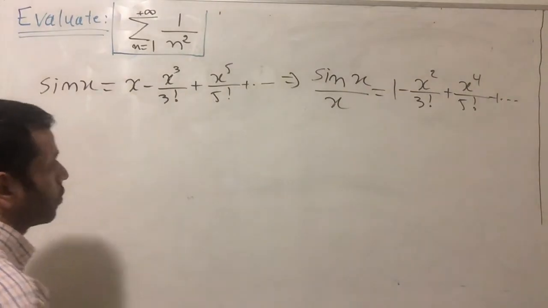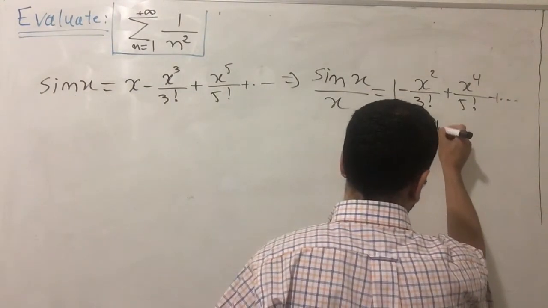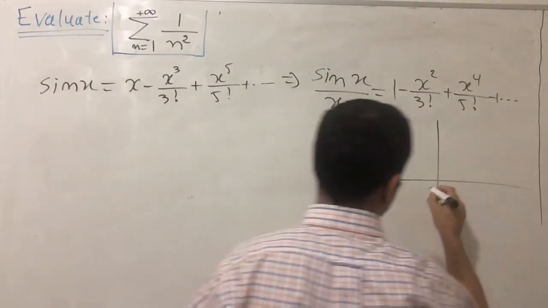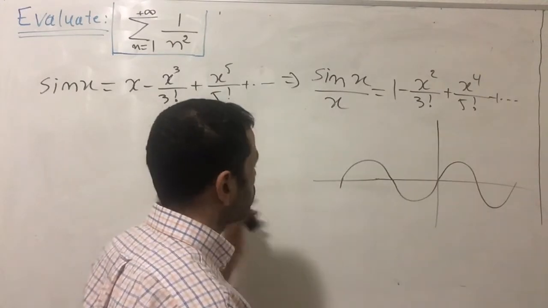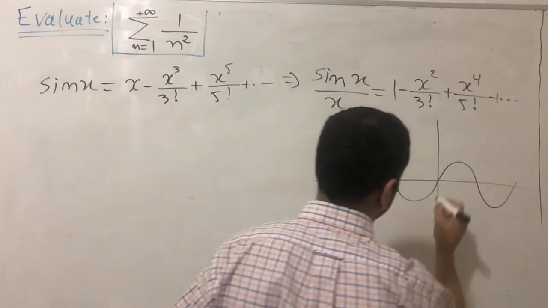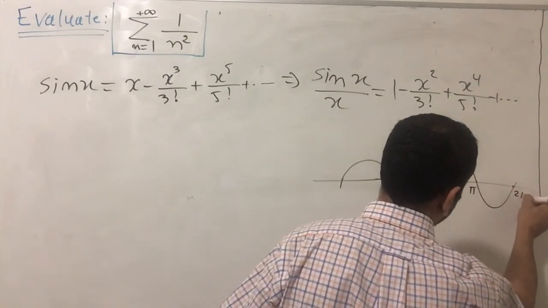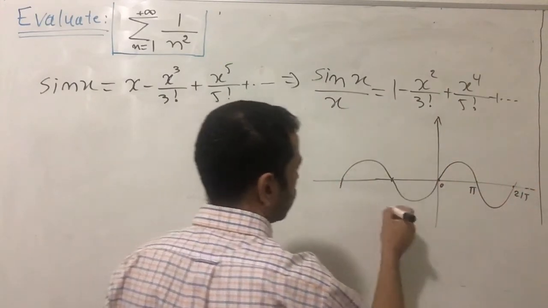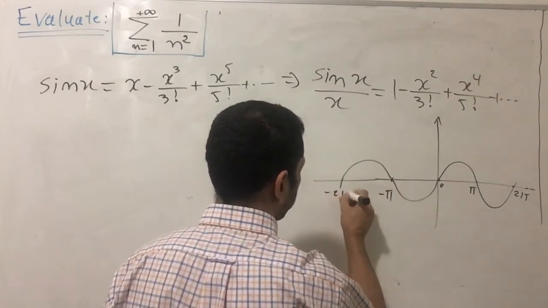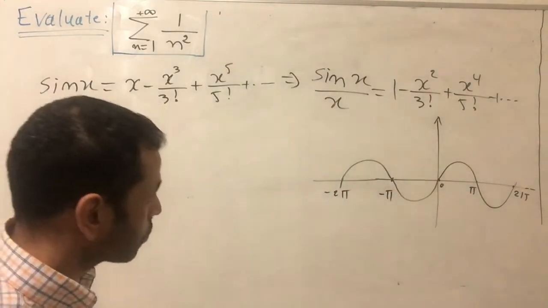Also, if you take a look, we have this sine function, it looks like this one. So the roots of this function, sine x, we have 0, we have pi, we have 2 pi, and so on. In the negative area, we have minus pi, minus 2 pi, and so on, okay?